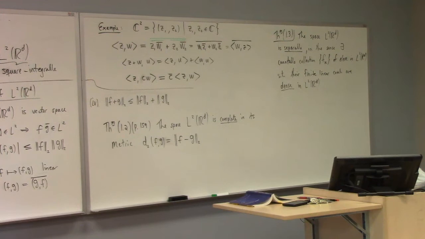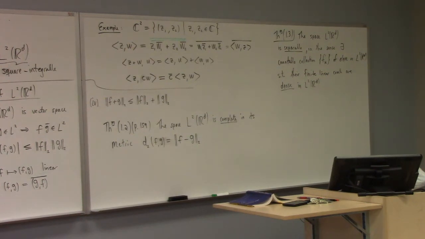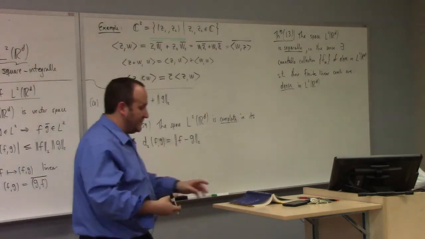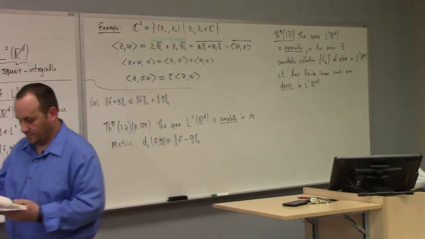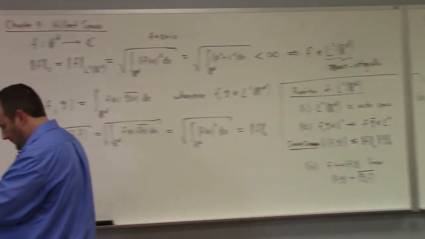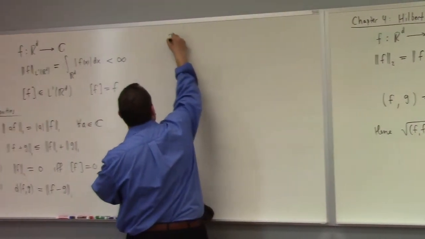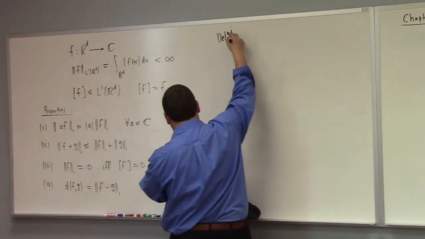Okay, so Hilbert space. What's a Hilbert space? Well, the point of talking about these square integrable functions is that they're the quintessential example of a Hilbert space. All right? These give us an example of a Hilbert space. What is a Hilbert space? Here it is. Definition.